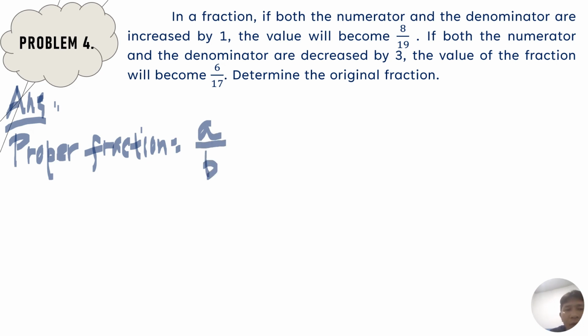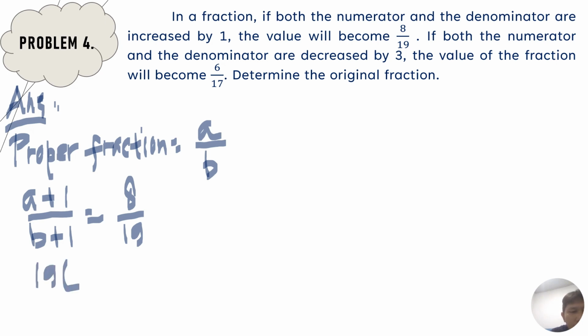From the given information, if both increase by 1, so (A plus 1) over (B plus 1) equals 8 over 19. According to this equation, we can do the cross multiplication. So here we have 19 times (A plus 1) equals 8 times (B plus 1).